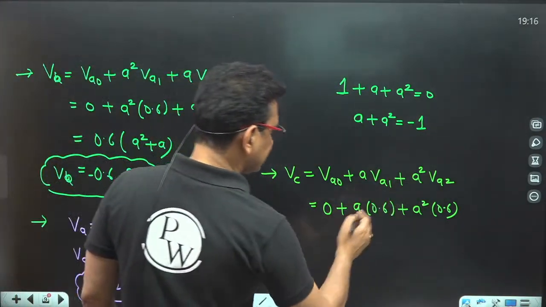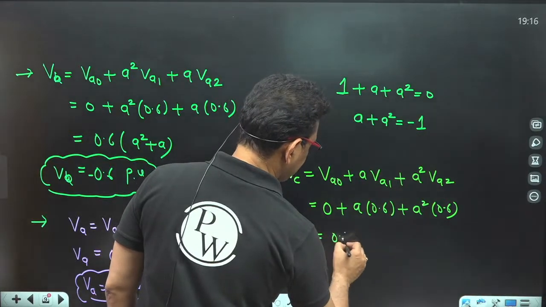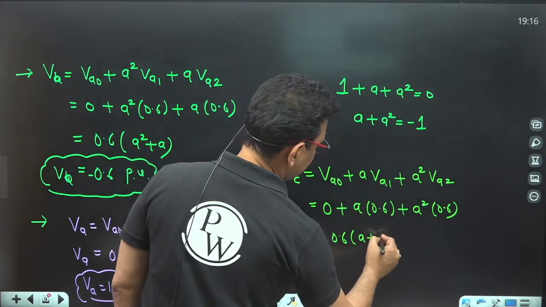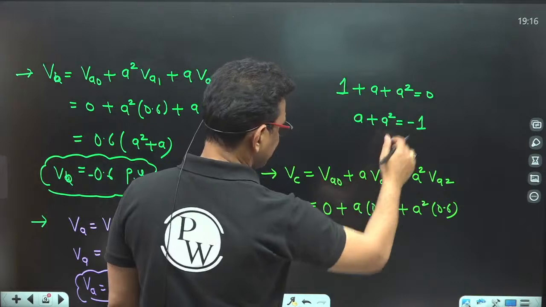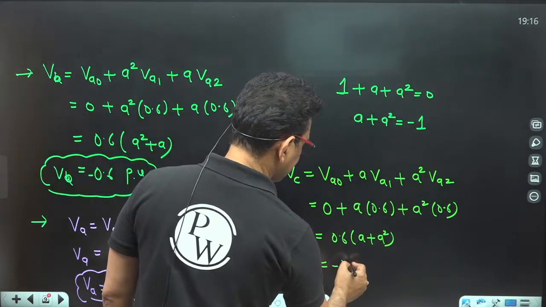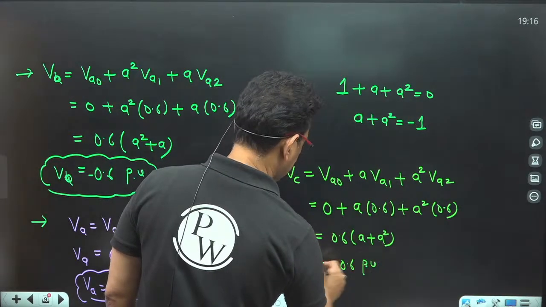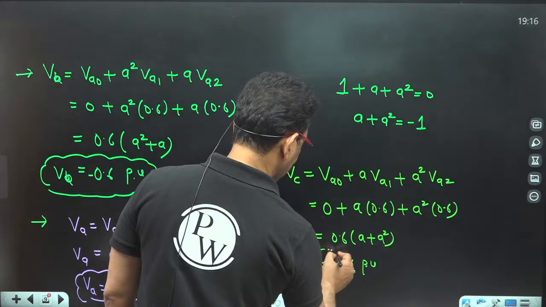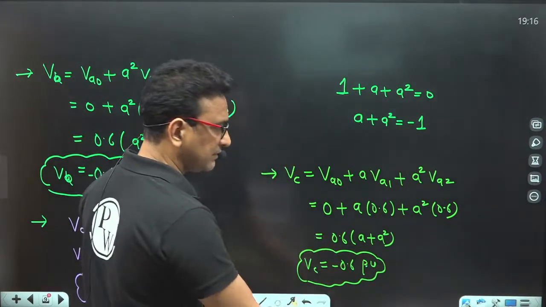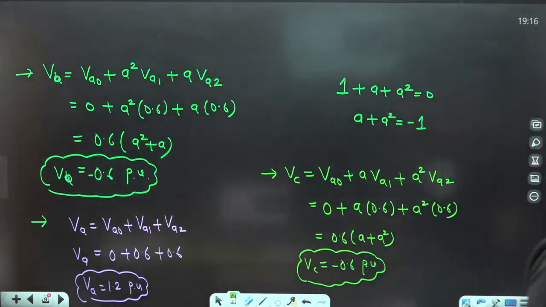If I take 0.6 as a common term, it becomes A plus A square. As I told you, A plus A square is nothing but minus 1. So it has become minus 0.6 pu. Clear? Any doubt till now? How to find out the phase voltages if you know the sequence voltages and the current? Clear?